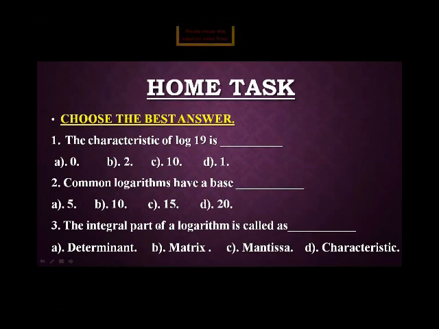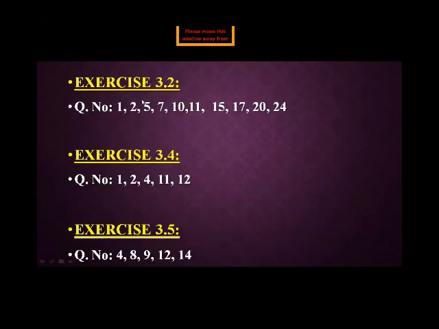The integral part of a logarithm is called determinant, matrices, mantissa, or characteristic. Then exercises: in exercise 3.2, do questions 1, 2, 5, 7, 10, 11, 15, 17, 20 and 24. In exercise 3.4, do questions 1, 2, 4, 11 and 12. In exercise 3.5, do questions 4, 8, 9, 12 and 14. Take a screenshot of this to solve these questions in your fair copies.